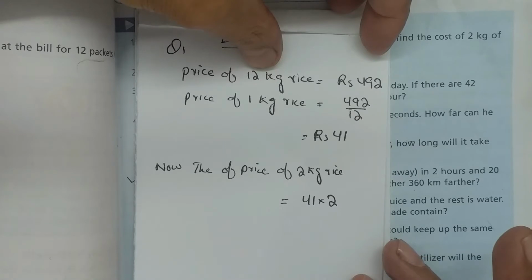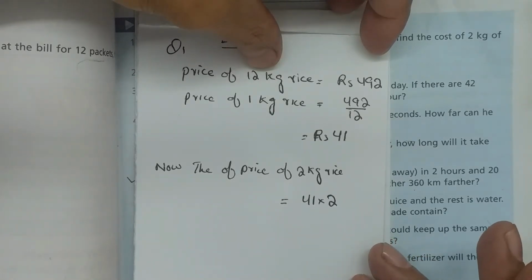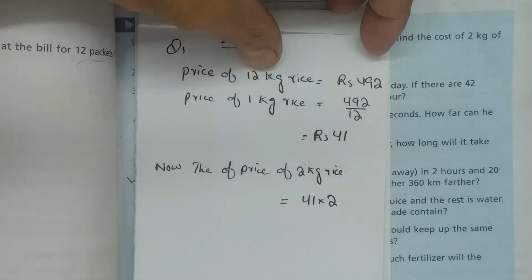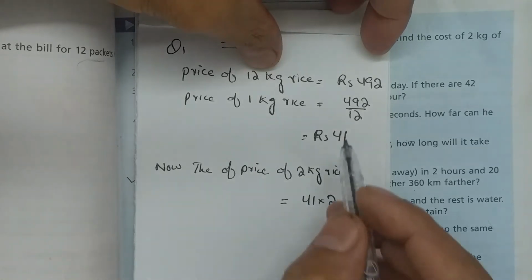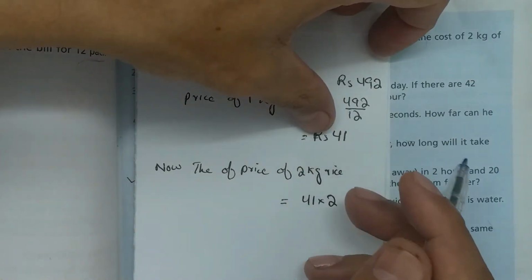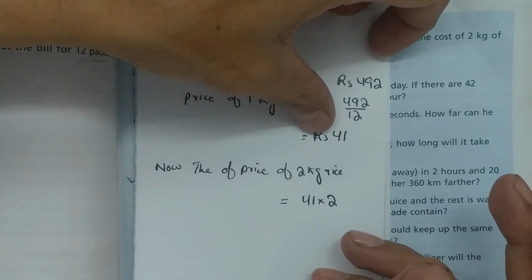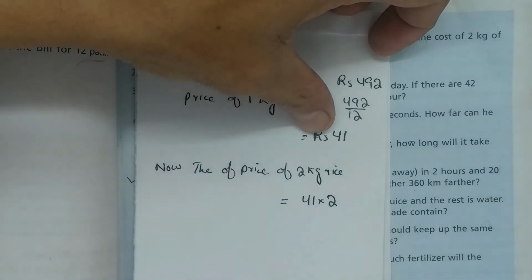If you have to find out the price of 30 kg, what will you do? Then you will add 41, 41, 41, thirty times. That will be difficult, na? This is easy for 2 kgs, 41 plus 41, even for 3, 4, 5 kgs. But for more kgs, that will become very difficult.